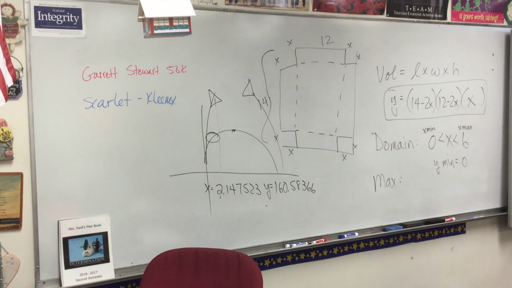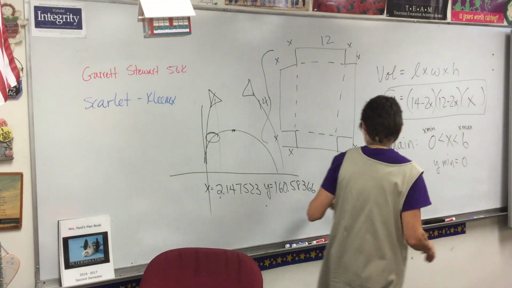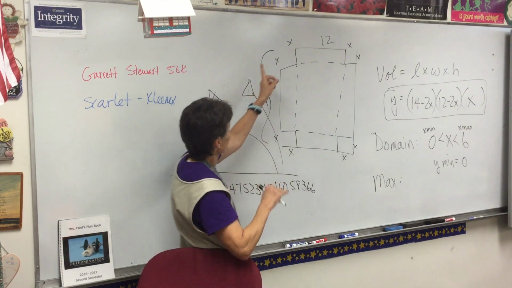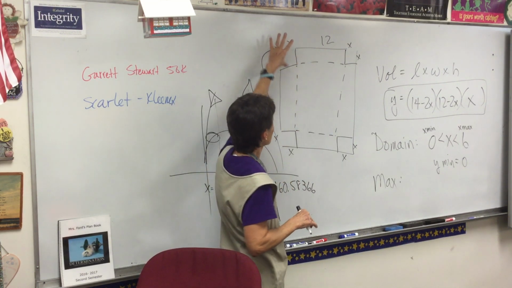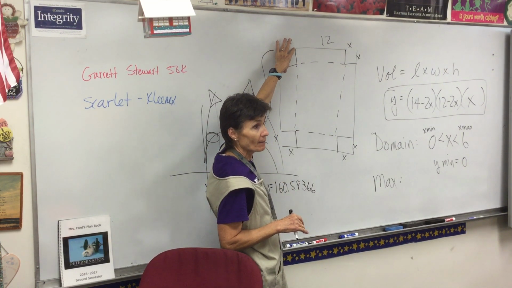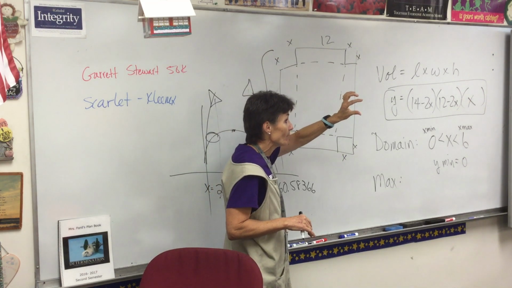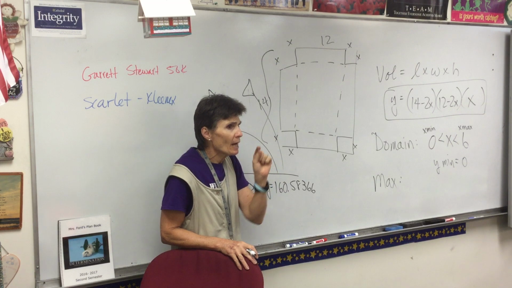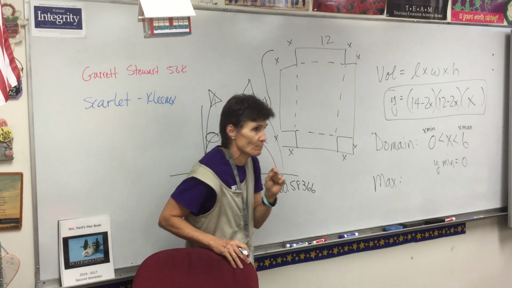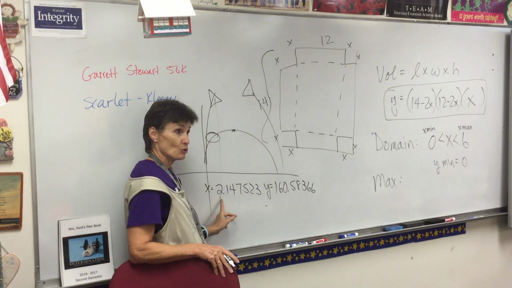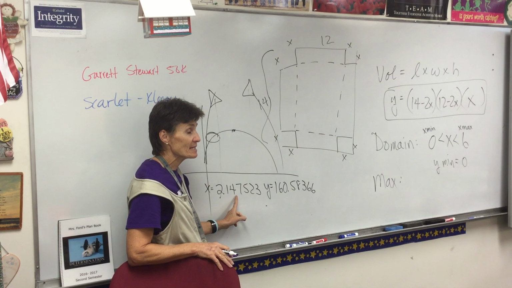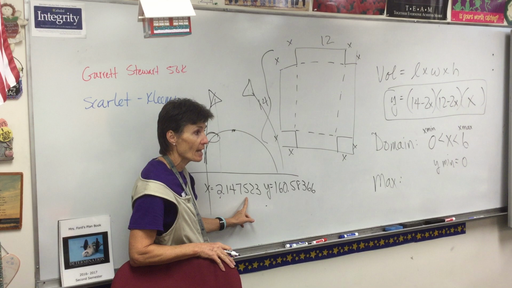So we have to go back and remember, what did the X stand for when I made my original equation? The size of the corners. So if someone said to you, how big should my corners be? You would say 2.15 inches. But that isn't what they said. What did the question say?